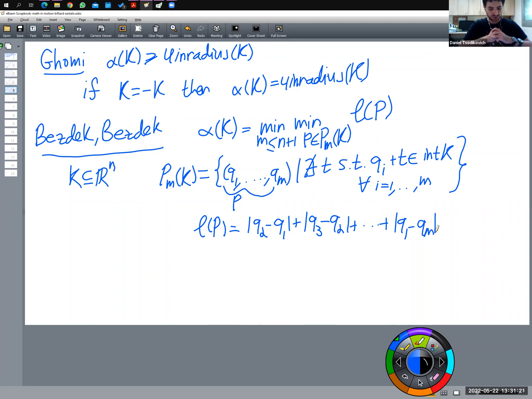Why are people even interested in the shortest billiard trajectories? First of all, the lengths of closed billiard trajectories are related to Dirichlet eigenvalues in this domain. There's some correspondence to that. And the second is a work of Artstein-Avidan and Ostrover that relates the shortest billiard trajectory to symplectic capacities, and this was used to show that the Viterbo conjecture in symplectic geometry is actually related to the Mahler conjecture that we mentioned.